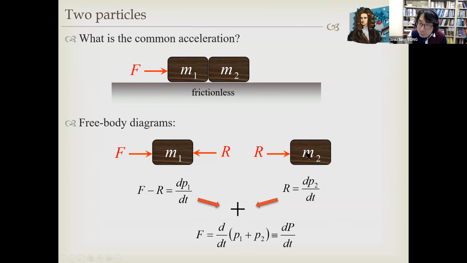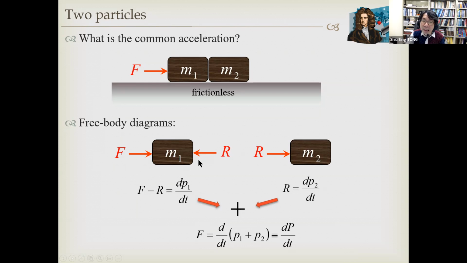So when I set up Newton's second law, it becomes R equal to dP2/dt, where P2 is the momentum of block M2. For block M1, we have the external force F, but there is a reaction force from block M2 acting on block M1. The reaction force has the same magnitude R due to Newton's third law.